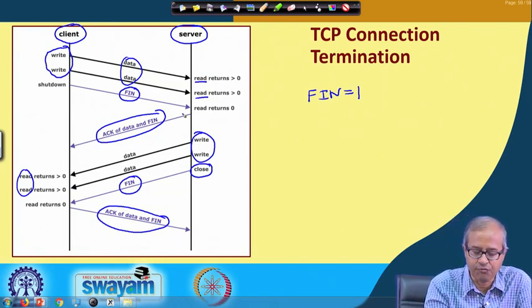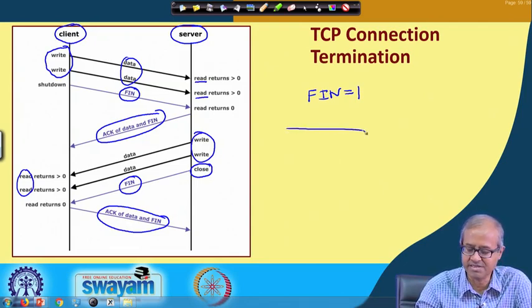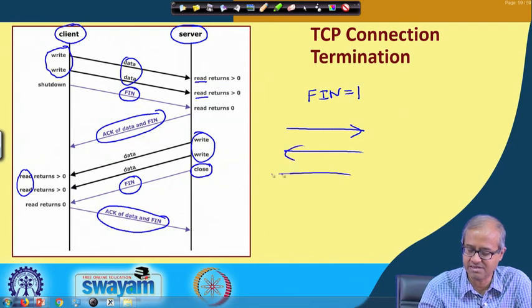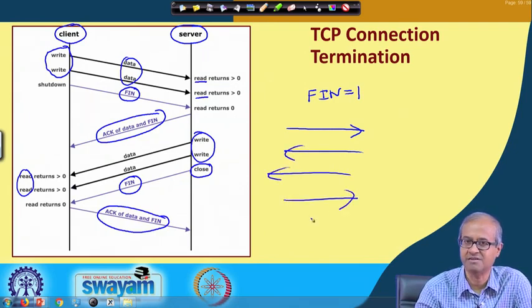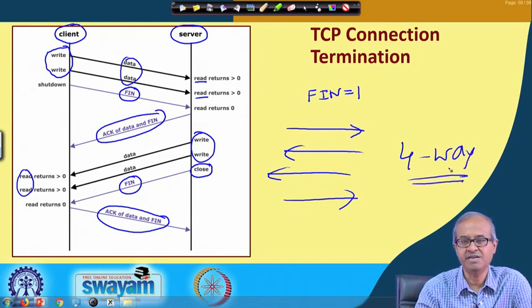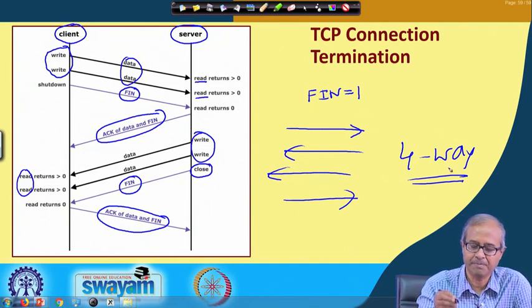So, it is like a 4-way handshake, 4 packets are going, one in this direction, second in this direction, third in this direction, fourth in this direction. This is some kind of 4-way handshaking that is going on for TCP connection termination. This is how it works.